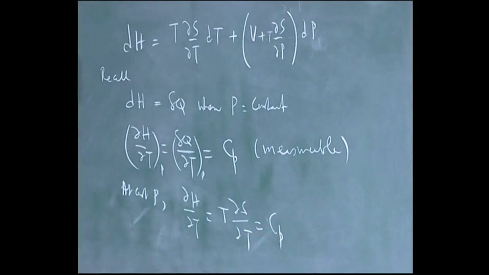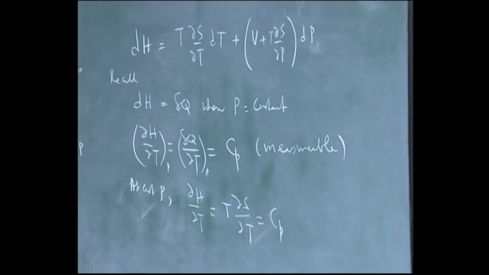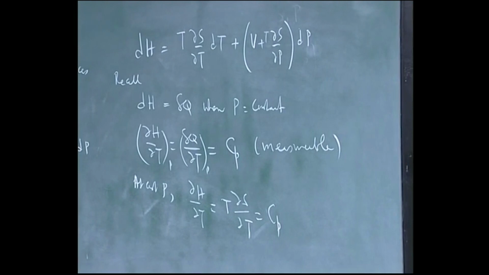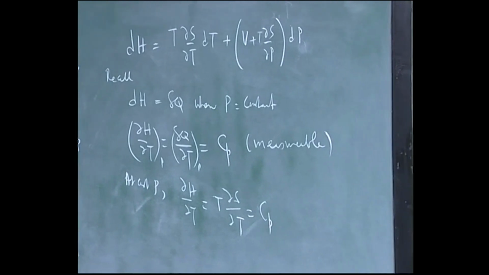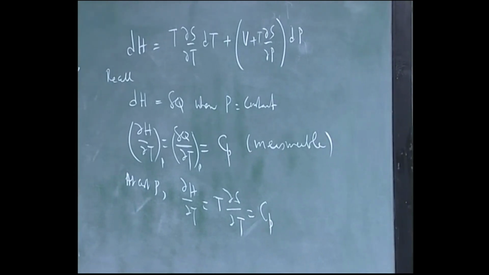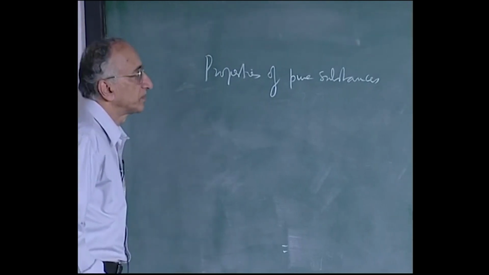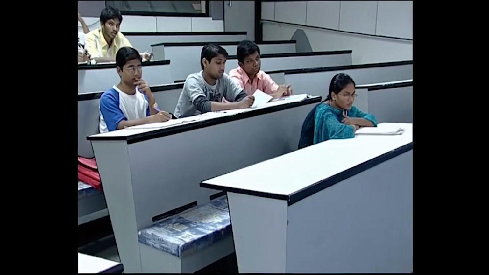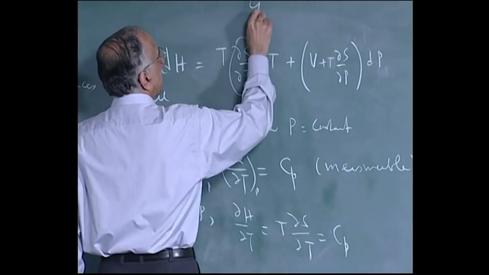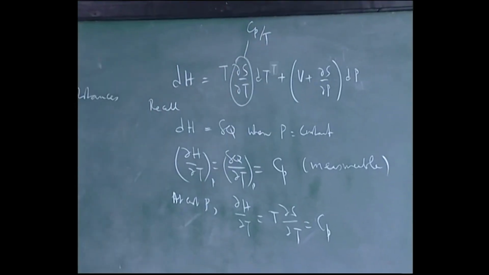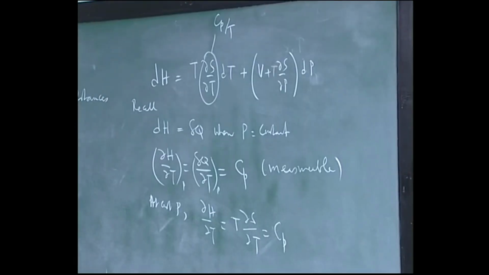Cp. So ∂s/∂t is simply equal to Cp, so this part, ∂s/∂t is Cp by T. Then I need ∂s/∂p.